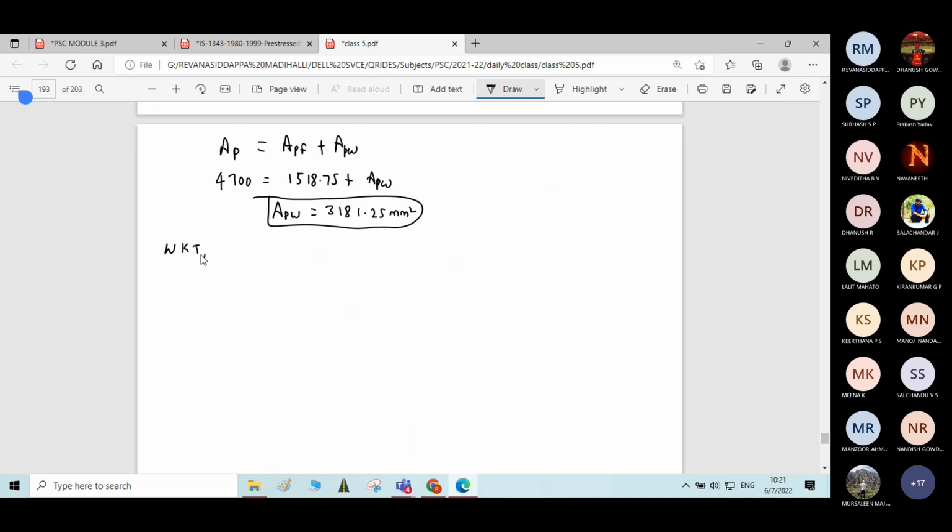We know that the formula is Mu is equal to FPU into APW into (D minus 0.42 XU) plus FP into APF into (D minus DF by 2).